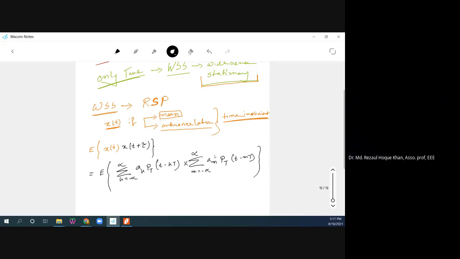The first is our X(t), and this one is our X(t plus tau).